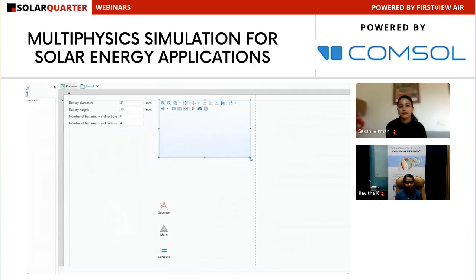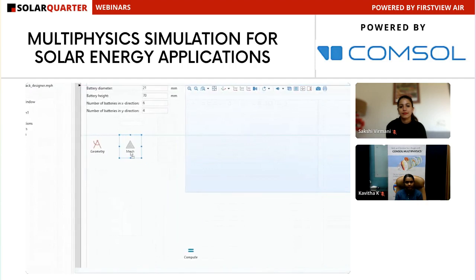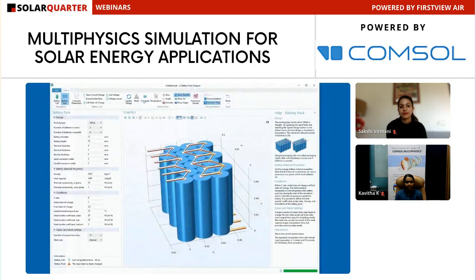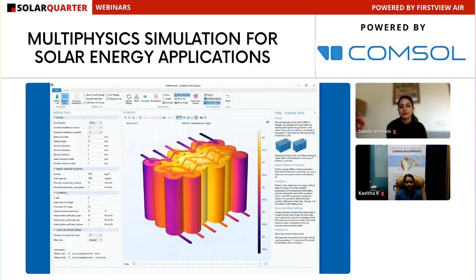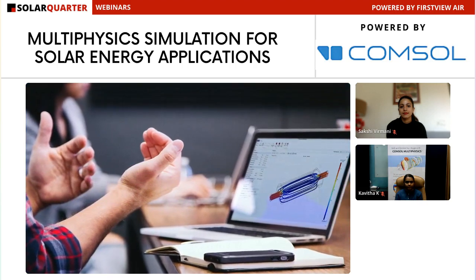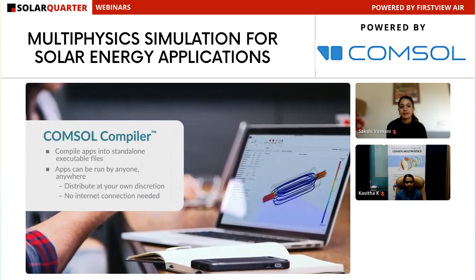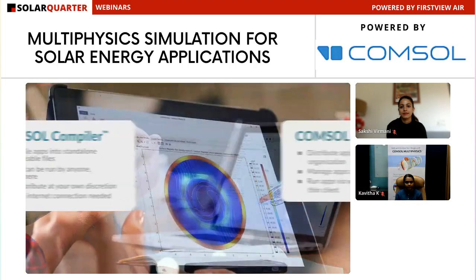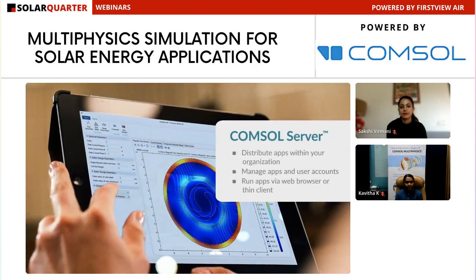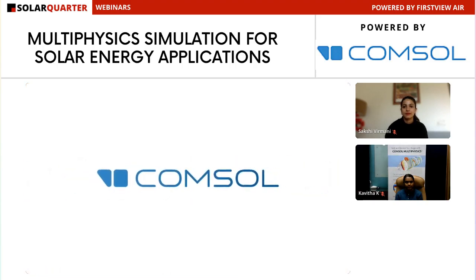The Startup Wizard and drag and drop functionality help you quickly turn your models into simulation apps with customized user interfaces, restricted inputs and outputs, report generators, and more. This way, you can spread the advantages of simulation to colleagues and customers by compiling your apps as standalone executables via COMSOL compiler, or by making them accessible by web browser via COMSOL server. Understand, predict, innovate, and optimize your processes and designs with COMSOL Multiphysics.